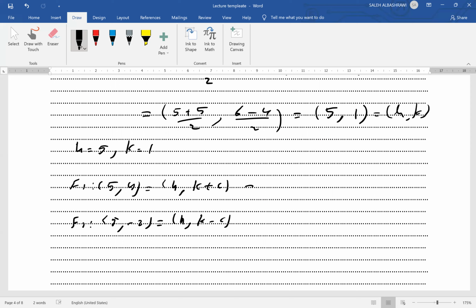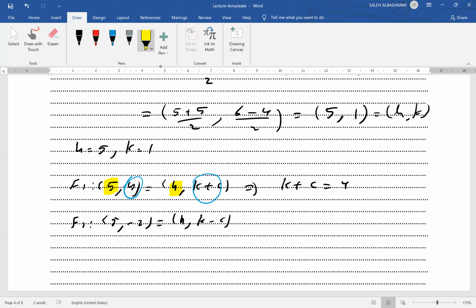From the first one, h is equal to 5. I will not use this one. I will use 4 and k plus c, so k plus c is equal to 4.